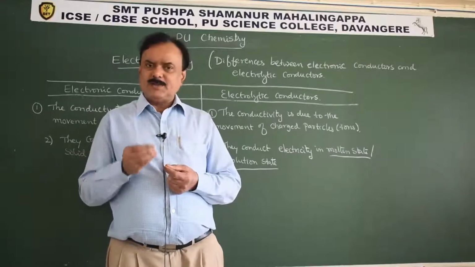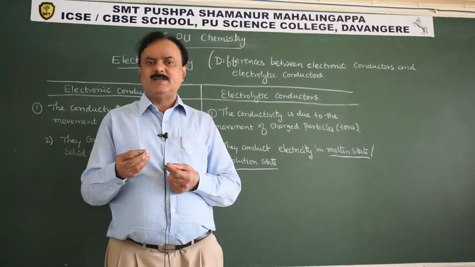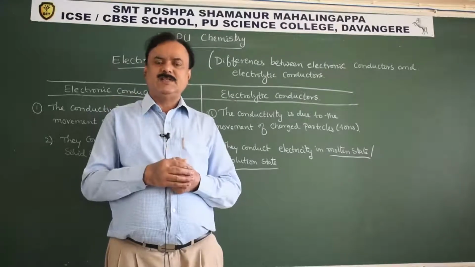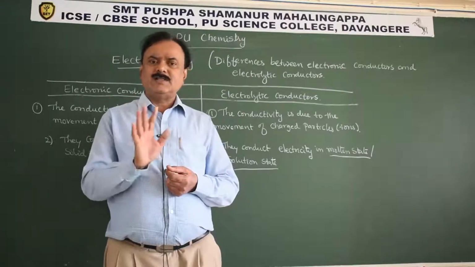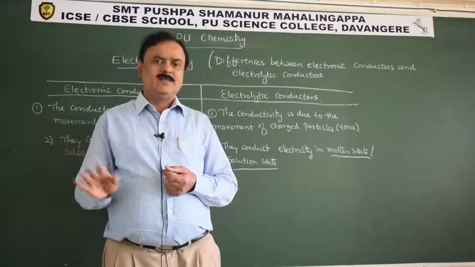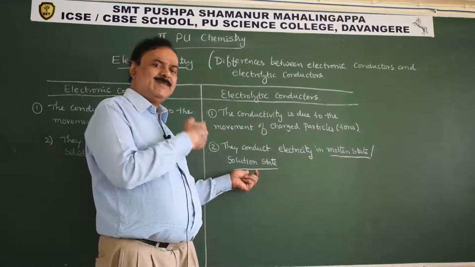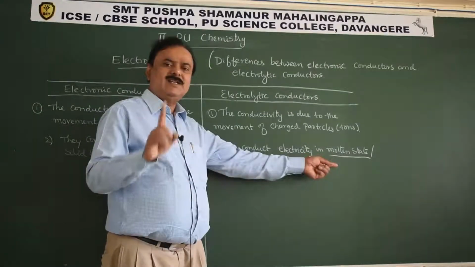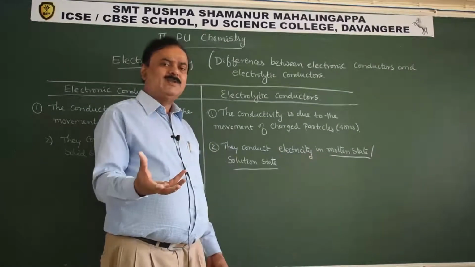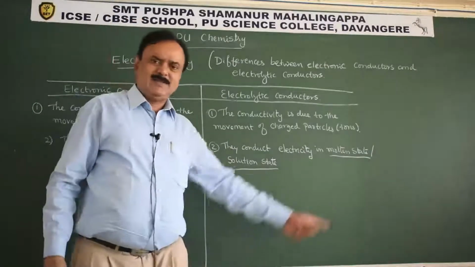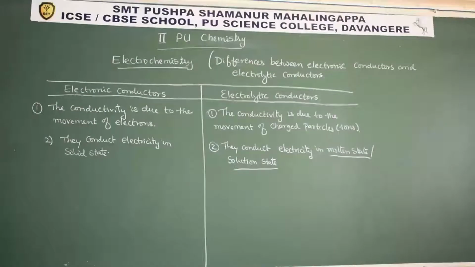Sodium chloride is an electrolyte and water soluble. When sodium chloride crystals are dissolved in water, the solution is called a solution of sodium chloride. That is called solution state. In solution state, a solvent medium is there. In molten state, there is no solvent medium, only solid upon heating gives rise to the molten state. Is it clear?